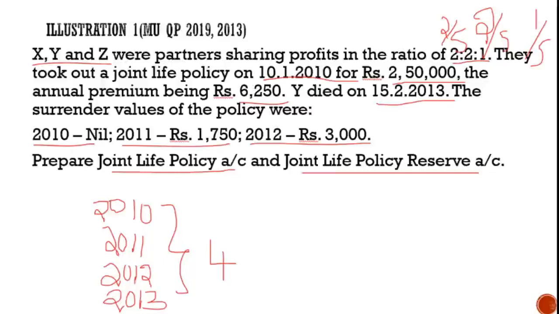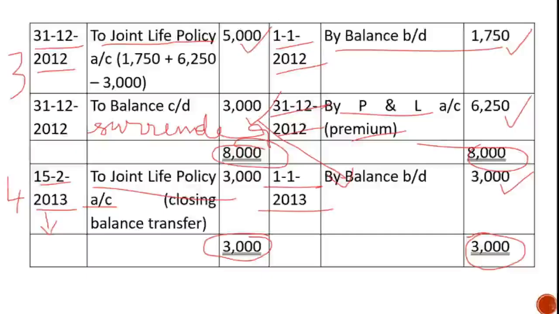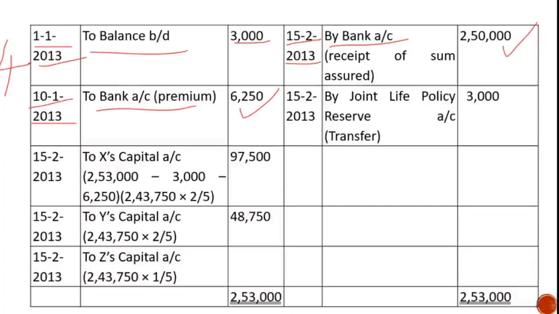So we'll assume that since the date is not given, the date of the death itself is the date of amount received from the insurance company. So on that date it will be closed and this balance will be carried to the joint life policy account. So in the joint life policy we will record on the credit side, and there we got on the debit side, by joint life policy reserve account is 3,000.